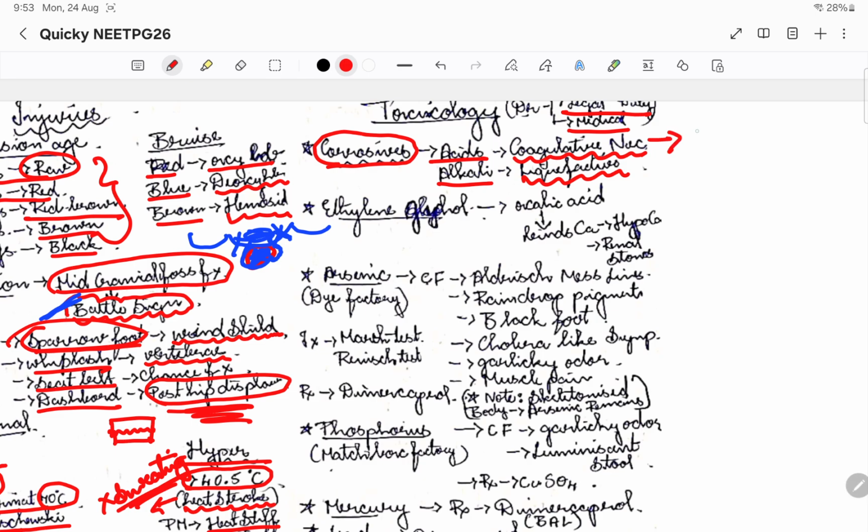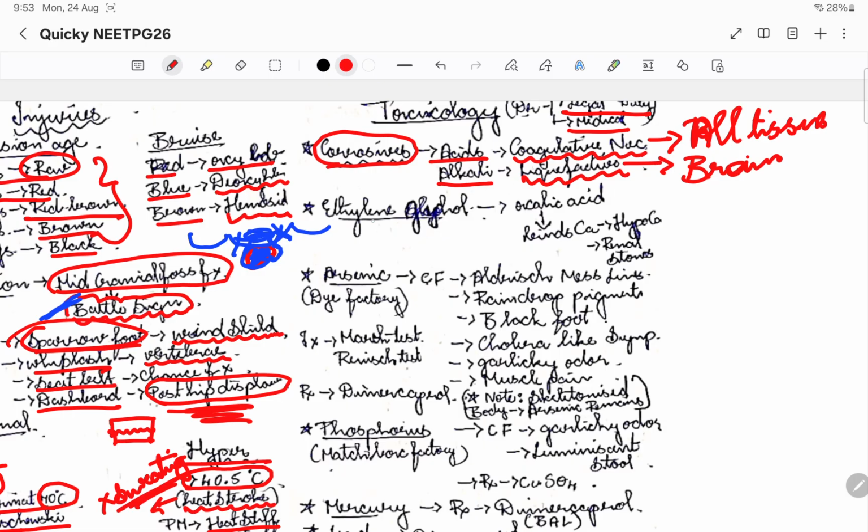Coagulative necrosis, I told you, is in all tissues, whereas liquefactive was the brain. So remember, all the other tissues will have coagulative necrosis, whereas the brain will have liquefactive necrosis. And alkali is more dangerous than acid. Please remember that one extra edge point.